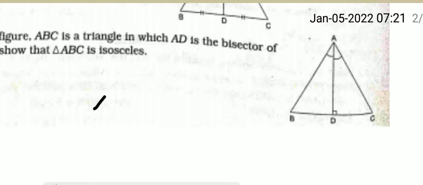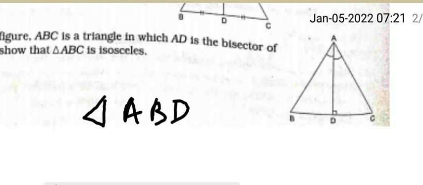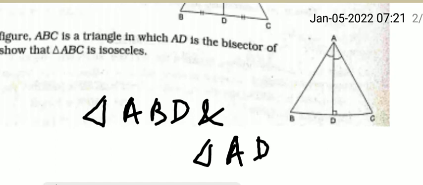Triangle ABD and triangle ADC. These two triangles, what do you have to do? Show congruence. Congruence. So first you have to draw the figure. After drawing the figure, then you have to write the proof.